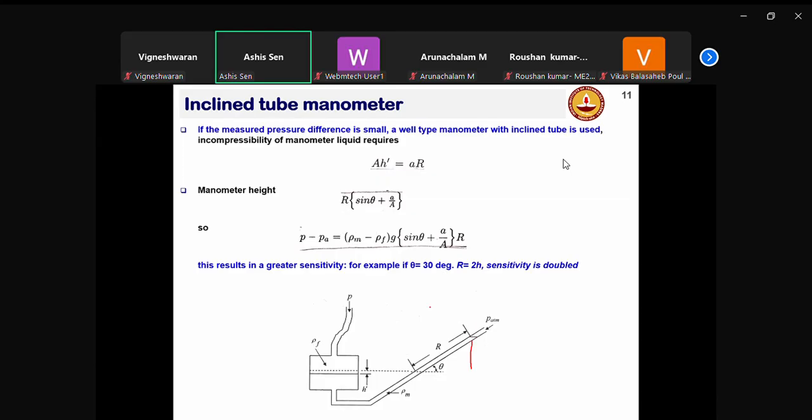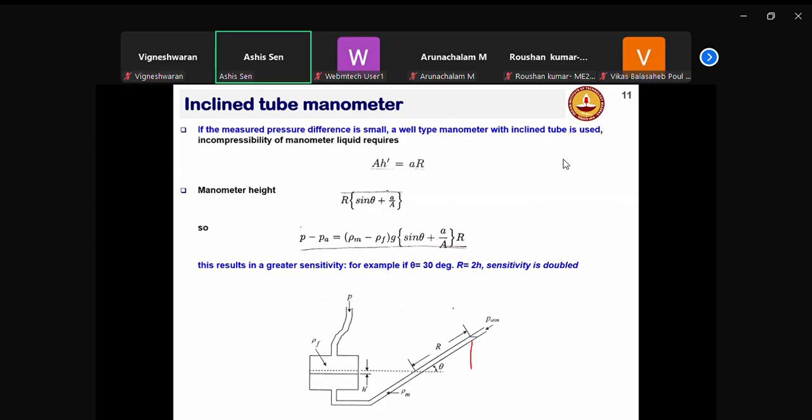So you can compare, let's say, if theta is 30 degree, then for a given change in pressure, if it is H, that will get amplified into a much larger distance along the length of the inclined tube. So instead of H, it will become 2H because theta is 30 degree. So you have basically R sine theta equal to H, so R will be equal to H by sine theta.